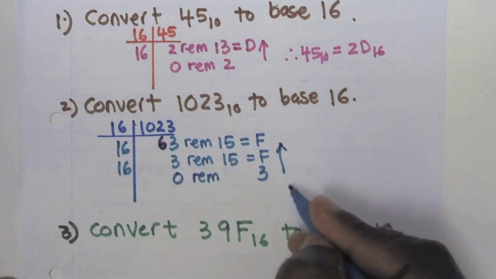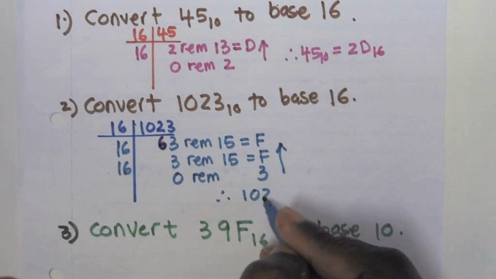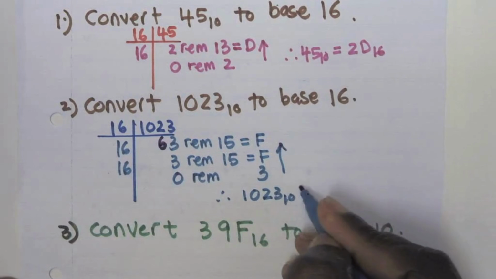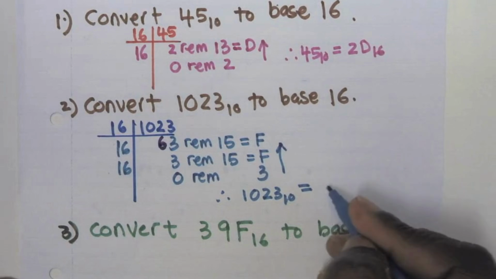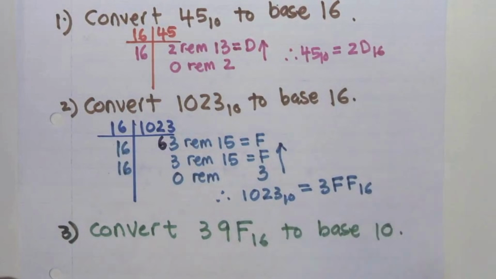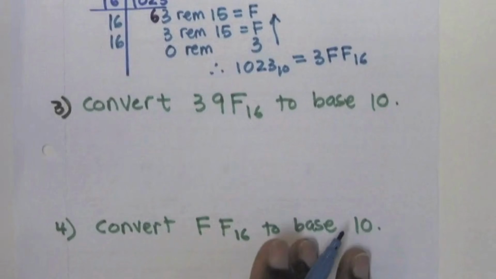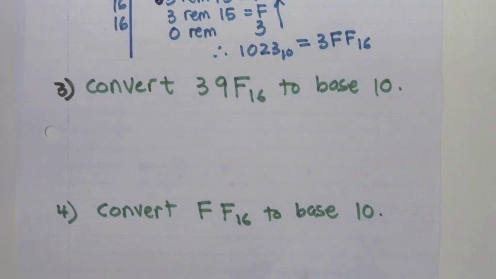Then we can write here, therefore our number, which was in base 10, when we convert it to base 16, it gives us 3FF in base 16.